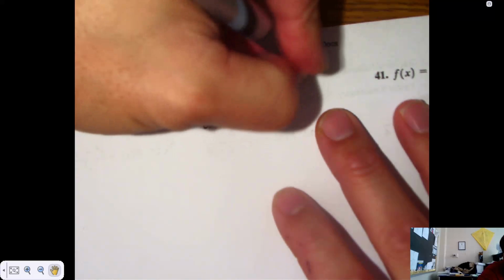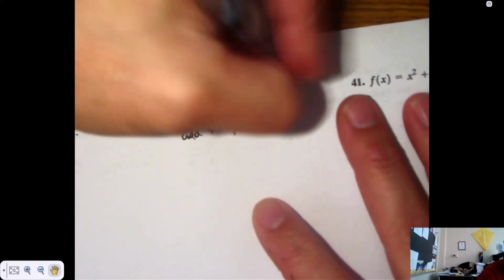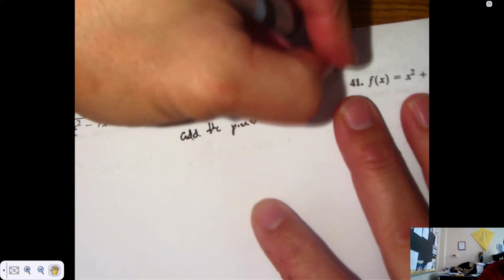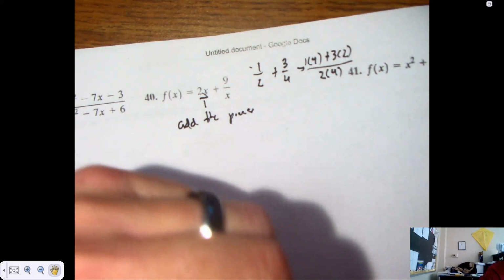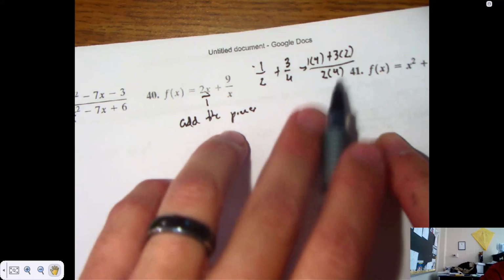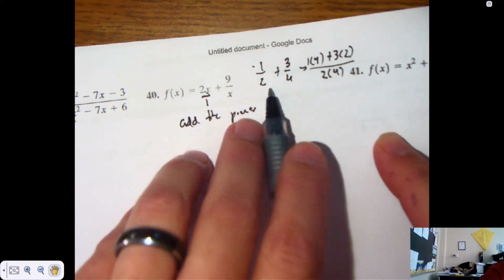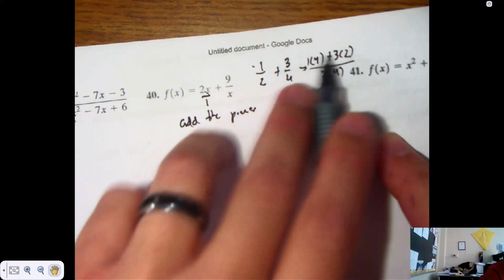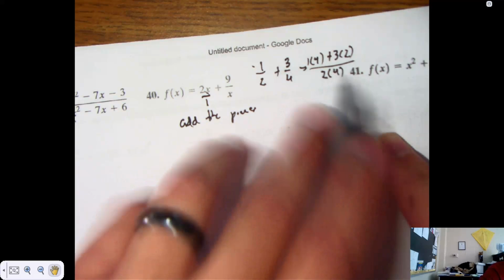Like if you do 1/2 plus 3/4, you do 1 times 4 plus 3 times 2, sitting over 2 times 4. That makes the denominator common. That makes the denominator 8. And you multiply the 1 by the 4 because you multiply the 2 by the 4. Multiply the 3 by the 2 because you multiply the 4 by the 2. That's how you add fractions, kids.